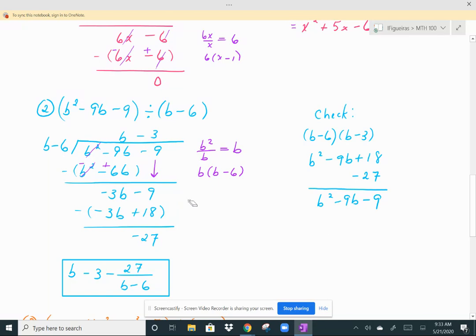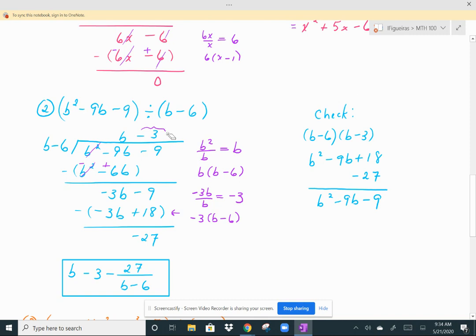Then we repeat the process of taking the first term here, negative 3b, and divide it by the first term in the divisor. That gives me negative 3. So that's what you write down right here, minus 3. Then you take the negative 3 and you multiply it across your divisor, and you get this result, negative 3b plus 18.